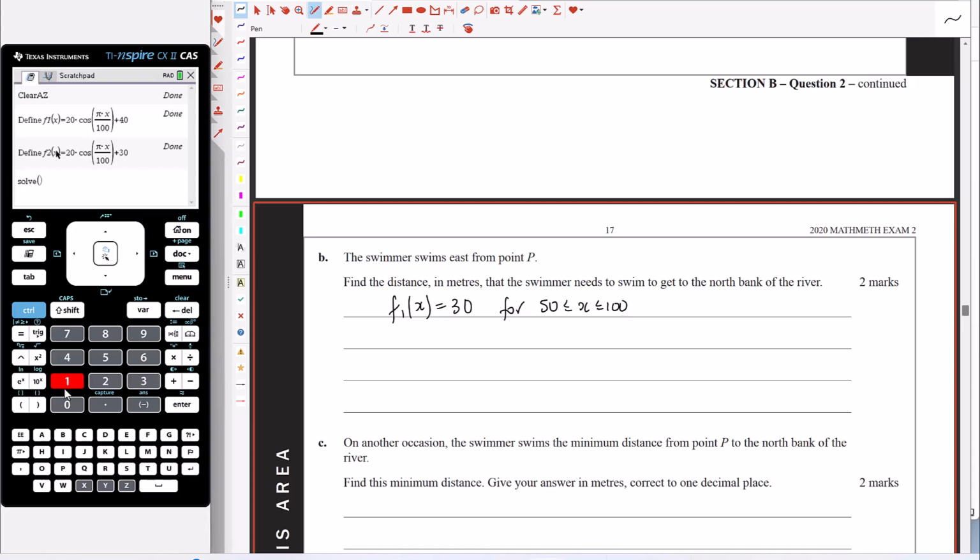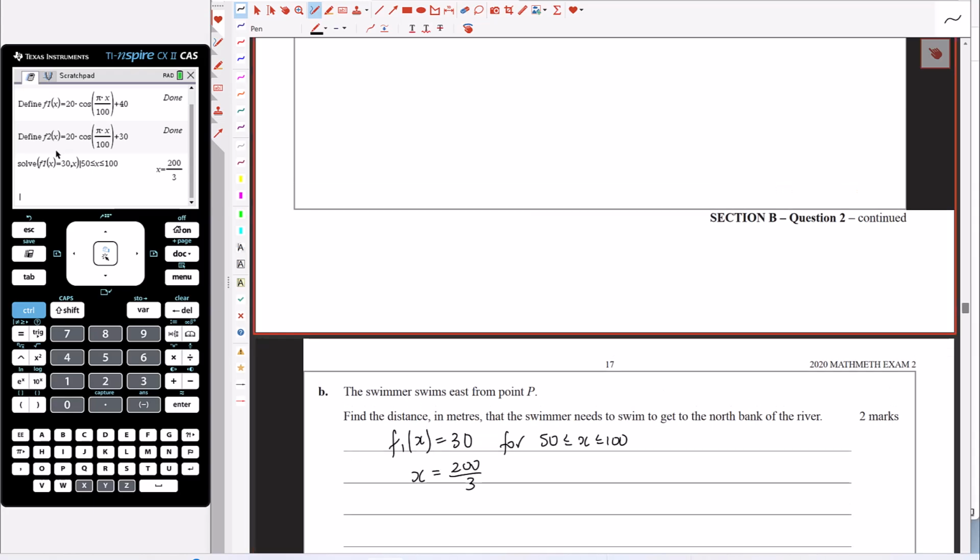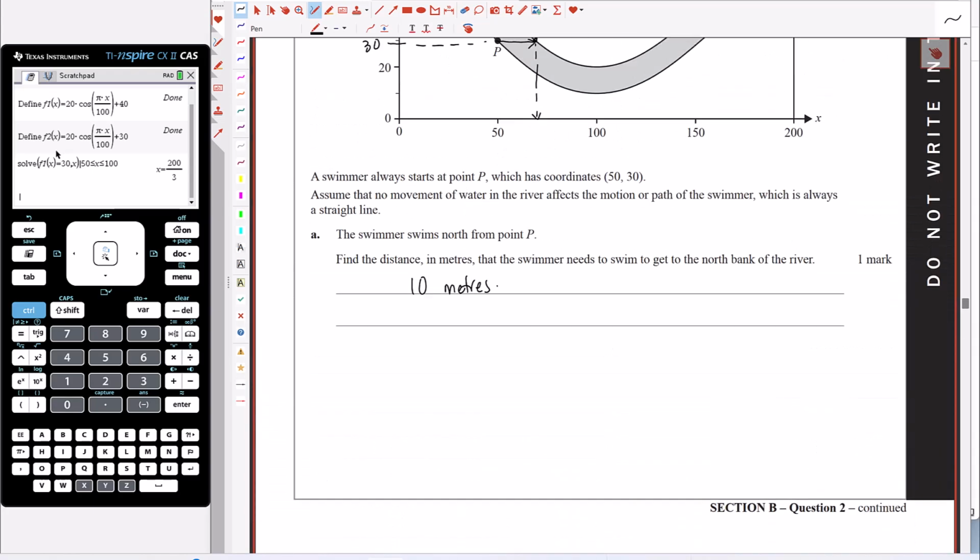So let's solve f1 of x equals 30 for x, but we only want the solution that we can see between 50 and 100. Okay, so that happens when x equals 200 on 3. So that's not the distance the swimmer swims.